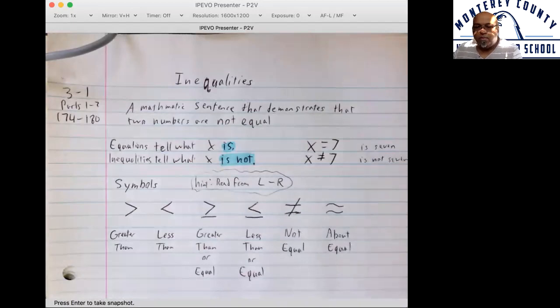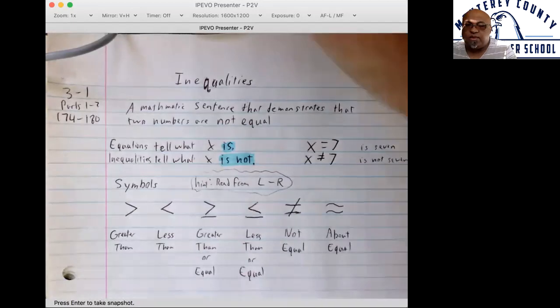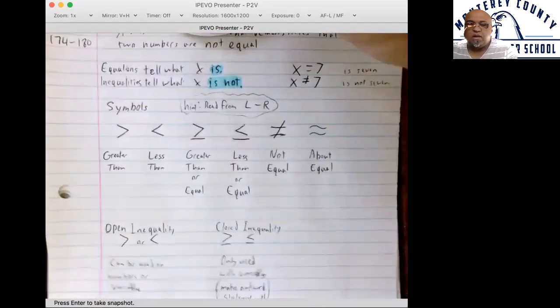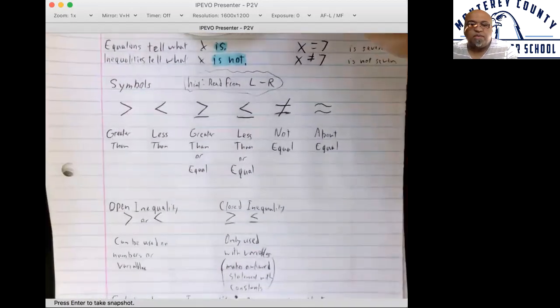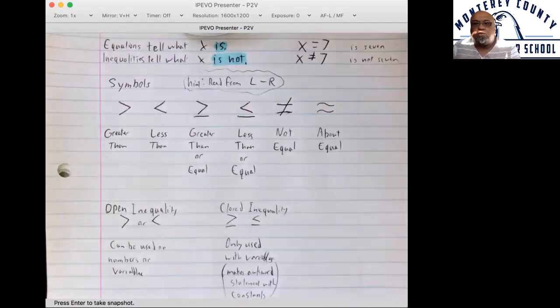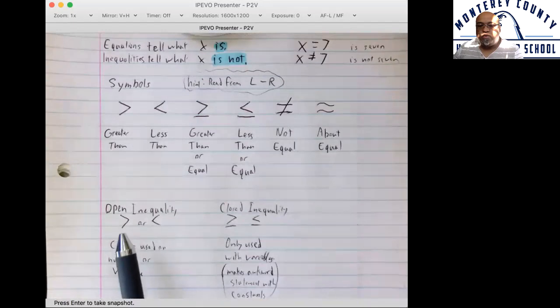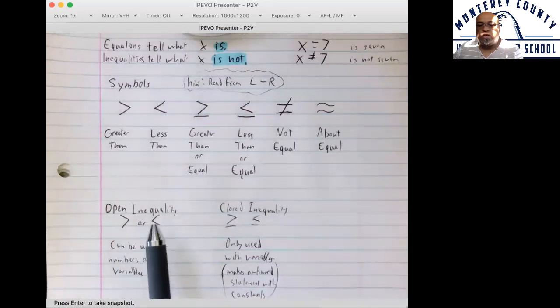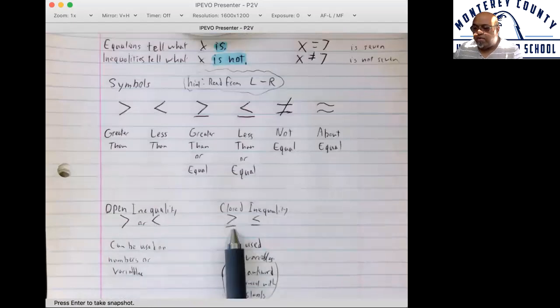Okay, I hope that that makes sense. Now, continuing on with the lesson, I have designated these inequalities as two broad types. Greater than or less than, I call them open inequalities. Okay, and greater than or equal to or less than or equal to, I have called closed inequalities.